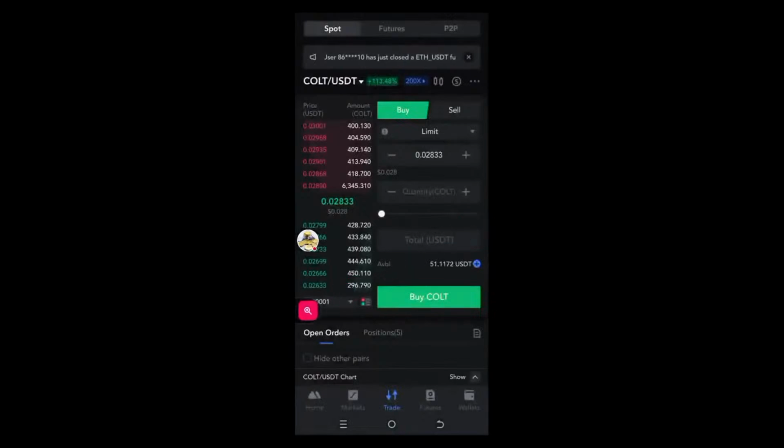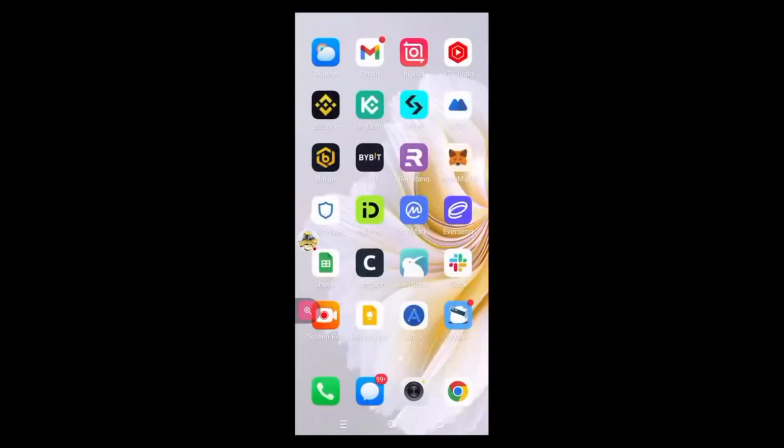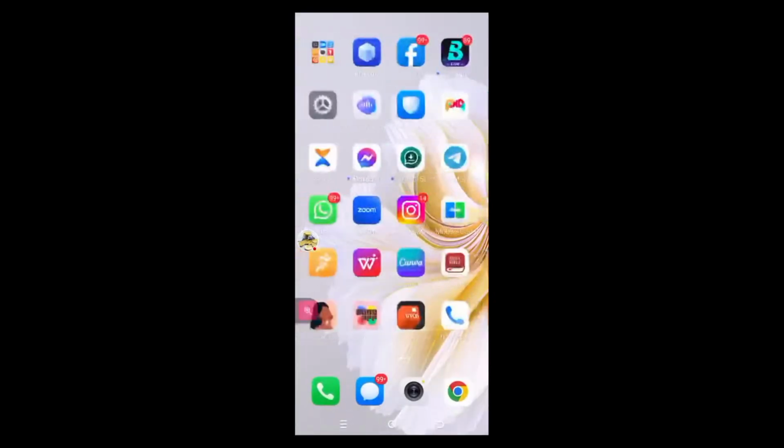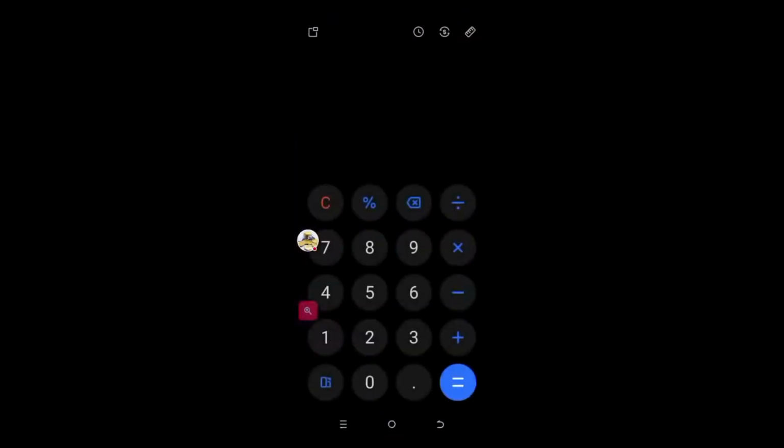You know what I'm going to say, right? Let's ship out the profit. This was, let me check it out. This is $1.11. That's more than 2%. Let's go and check what that is. I like to check these out.